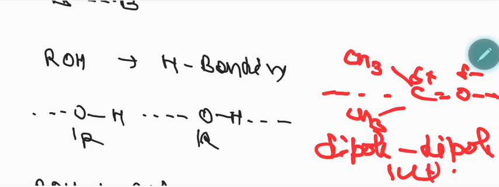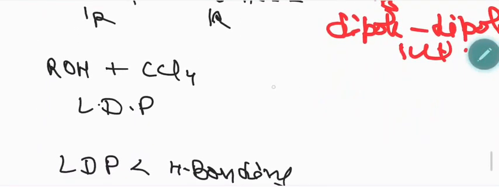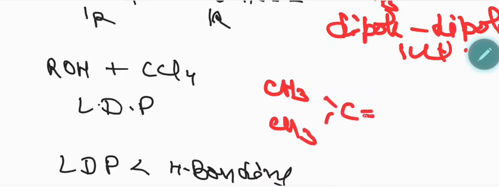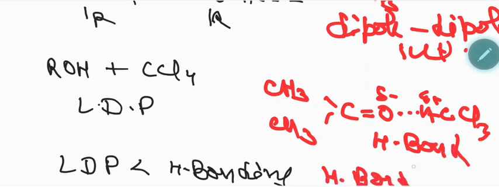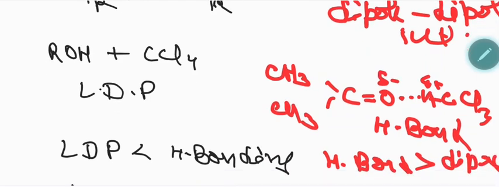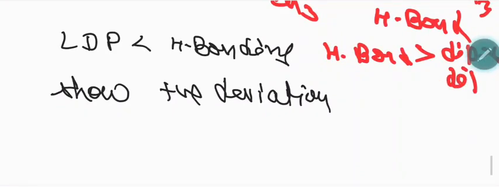But when we mix chloroform in acetone, it becomes H bonding, and we all know that H bond will be stronger than dipole-dipole. So simply, it shows a negative deviation.